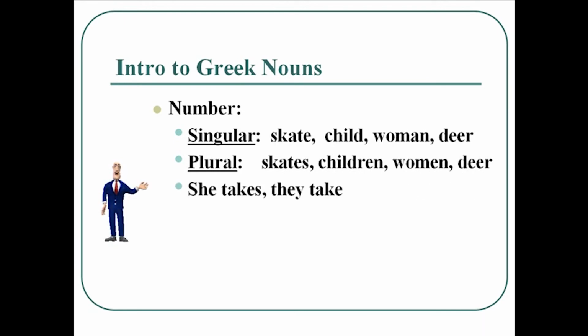In English also, we note that the singular or plurality of the subject impacts how the verb is taken, as it will in Greek. So she takes, but they take. He goes, but they go. And similarly in Greek, the subject, whether it's singular or plural, will impact how the verb is constructed.